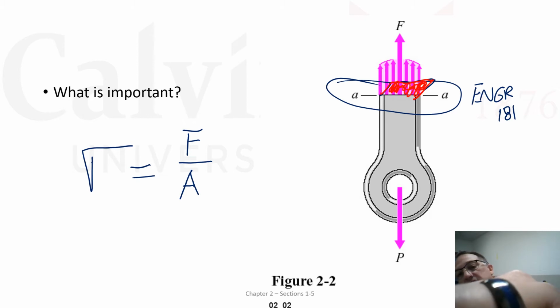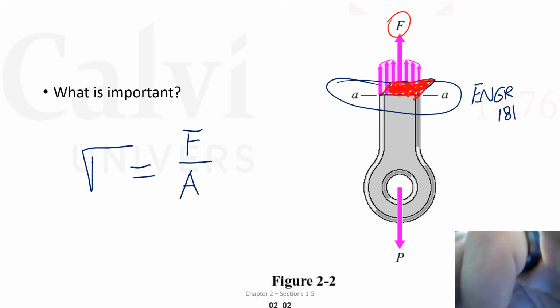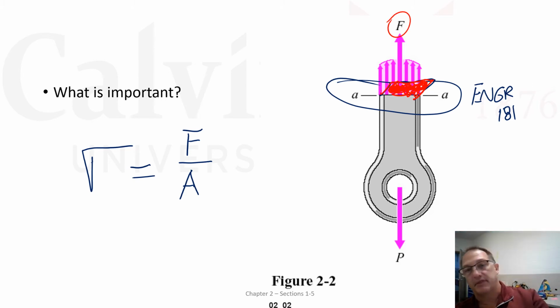That cross-sectional area of the 3D shape, that's the area. The force is, well, we're identifying that force there, but that's the reaction force to the force that we applied, P. But that gives us our definition of tensile stress. Sigma is equal to F over A.